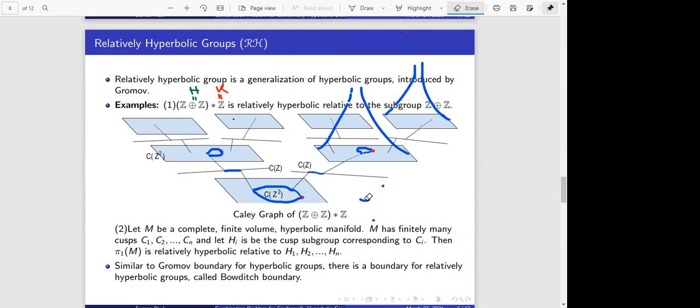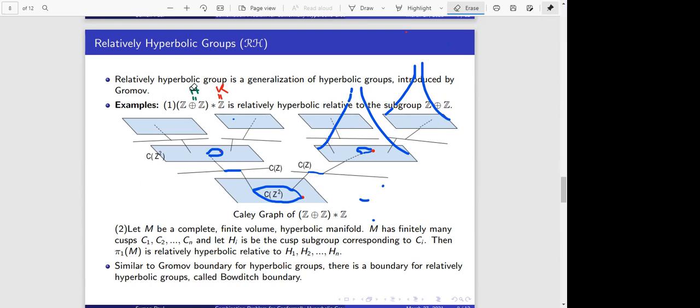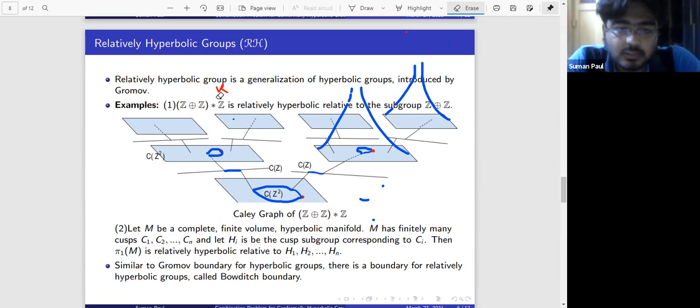Because in defining the Floyd boundary, the group is not important. The important thing is the graph, right? That is true. But that is not the Floyd boundary of this group. I am not saying the Floyd boundary of the group. Yes, that should be true.